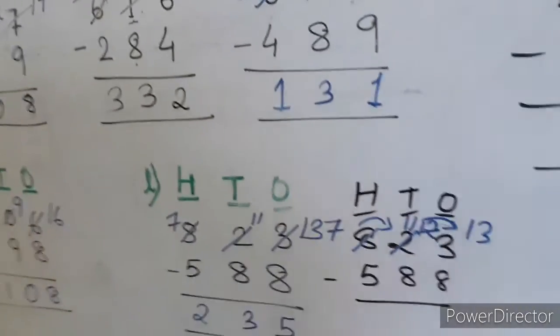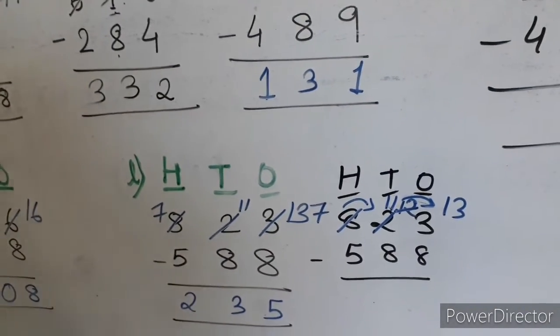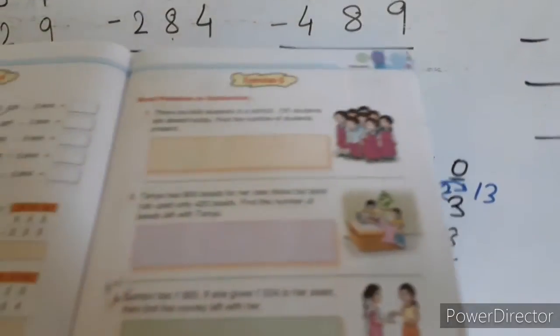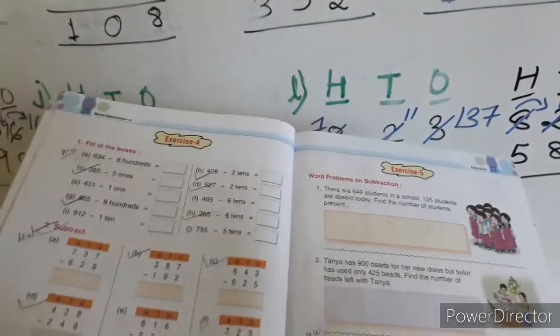Like this way you have to do the numbers. I will just show you the page. The rest of the questions you have to do yourself. I have shown you a few questions. The leftover portion you have to do yourself.